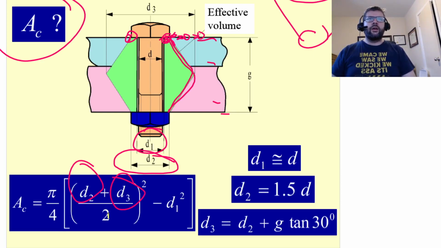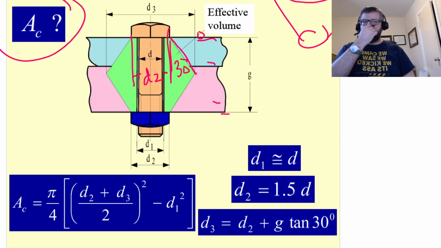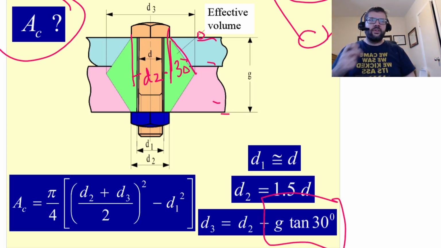Basically, kind of the way it works is that the spreading happens at about a 30-degree angle. So that distance there is going to be equal to this D2 plus 30 degrees times the grip, the effective length there.